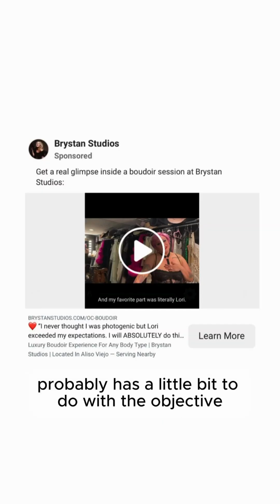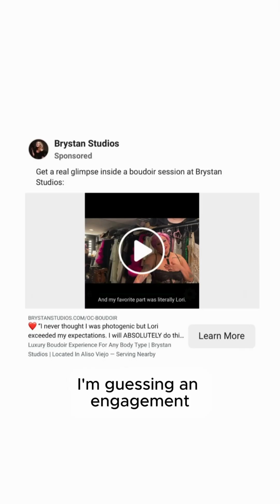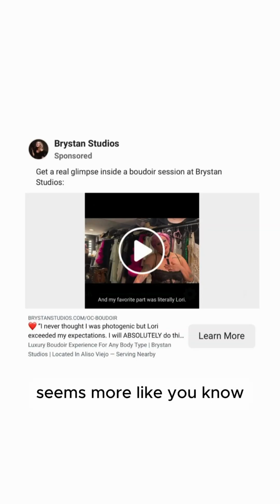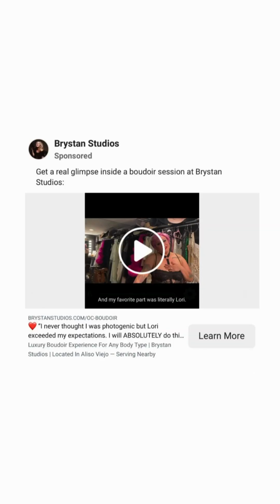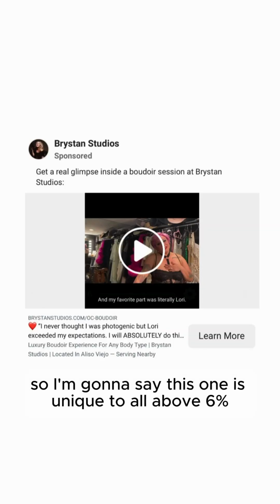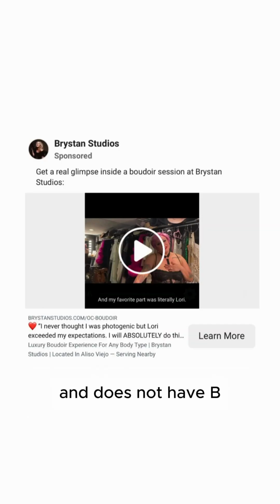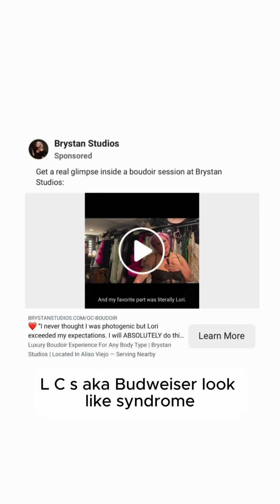It also probably has a little bit to do with the objective, I'm guessing, an engagement objective being used. That's my guess. It seems more like kind of day in the life or real experience. So I'm going to say this has a unique CTR above 6% and does not have BLCS, aka Boudoir low click syndrome.